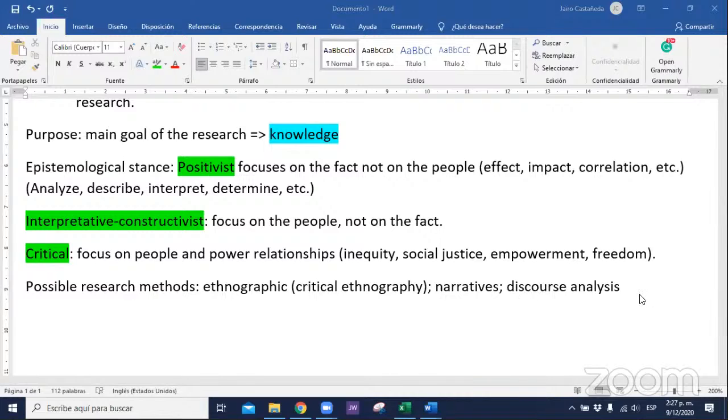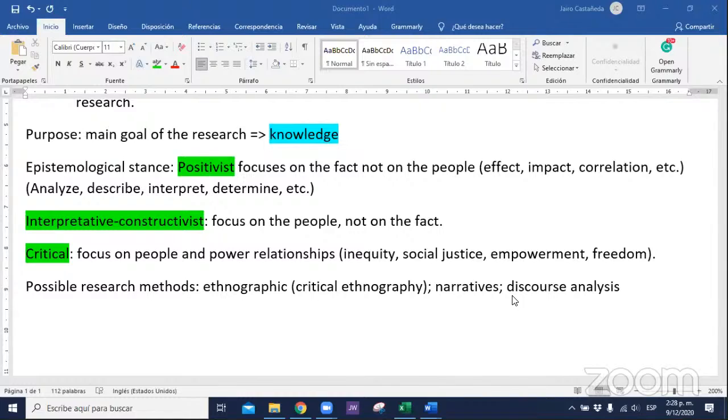As you are going to analyze the discourse, what other people have said, you can interpret from the constructivist perspective basically what is happening, what they are saying, and what the implication is for the context you are exploring, or see it from a critical perspective, so you can analyze from a critical discourse analysis perspective, right?